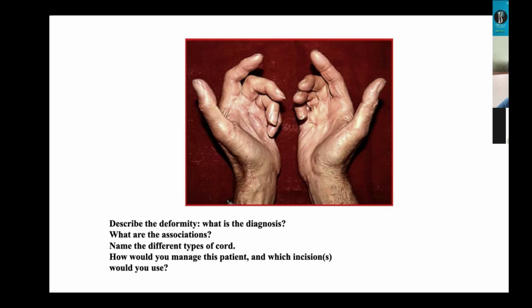Then I will proceed with the clinical examination. The patient is mentioning that he cannot hold any stuff in his hand. He cannot release his stuff from his hand by moving his fingers, and he's really struggling. He hasn't taken any medication up till now. He was just referred from the GP.